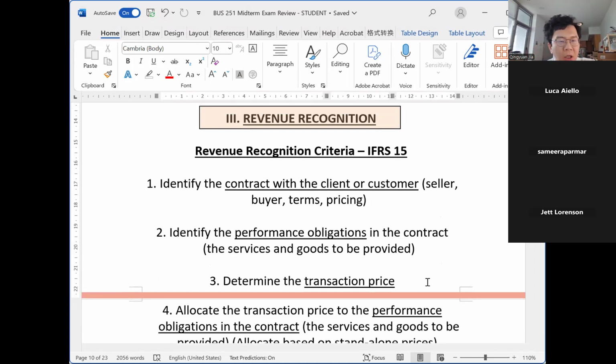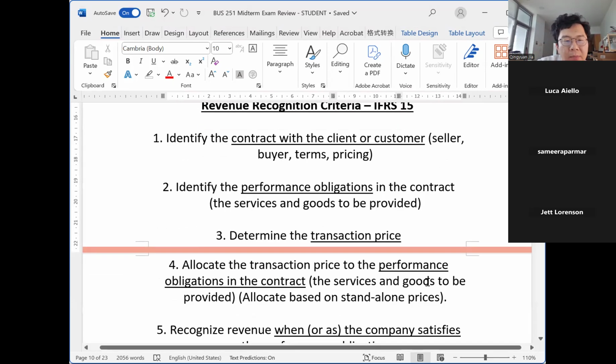First of all, you have to identify the contract with the client or the customer, which means you have to be able to identify the seller, the buyer, the terms, and also the pricing. And secondly, you need to identify the performance obligations in the contract.